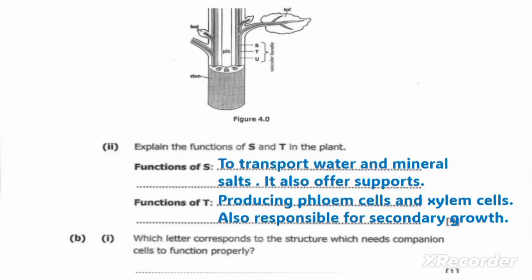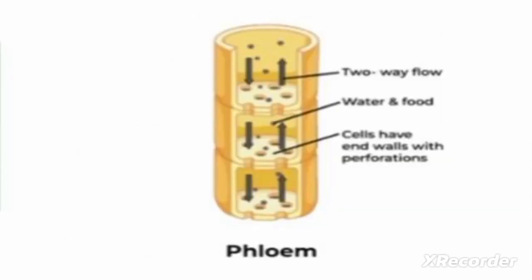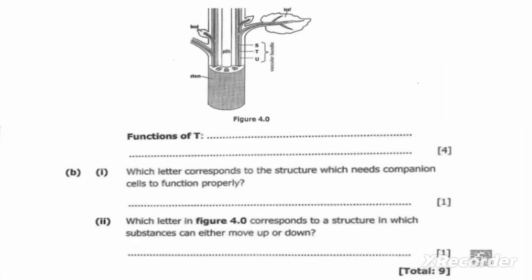So phloem cell is the structure that needs a companion cell to carry out its function. The one that is representing phloem here is U.